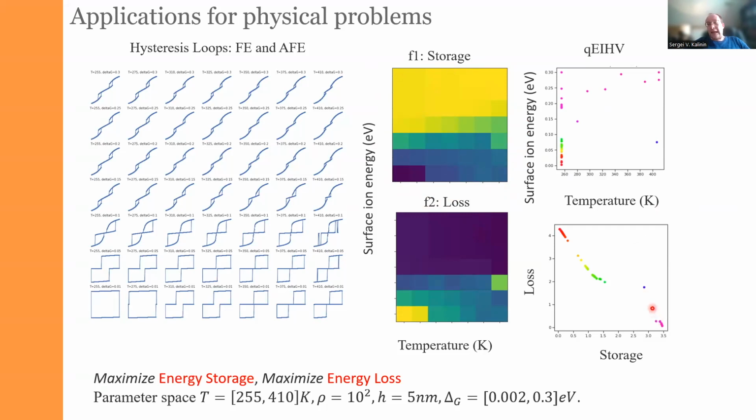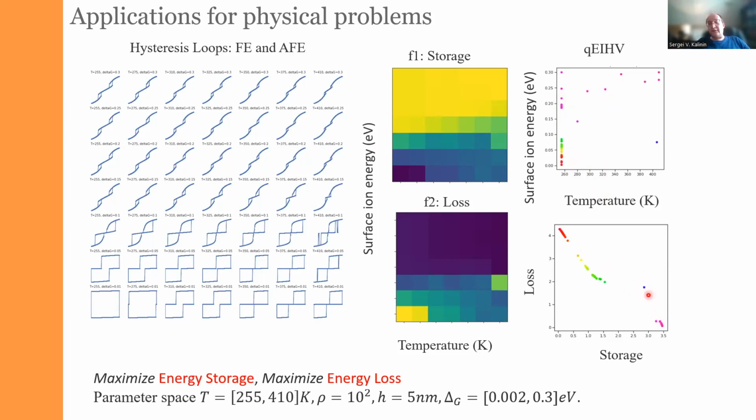So basically, at the end of this process, we find what is the best possible compromise between the storage and the loss. And we can also see where this behavior is sitting inside the parameter space of the system. As you can see, these dots all correspond to the low temperatures, and these dots correspond to the high temperature region.